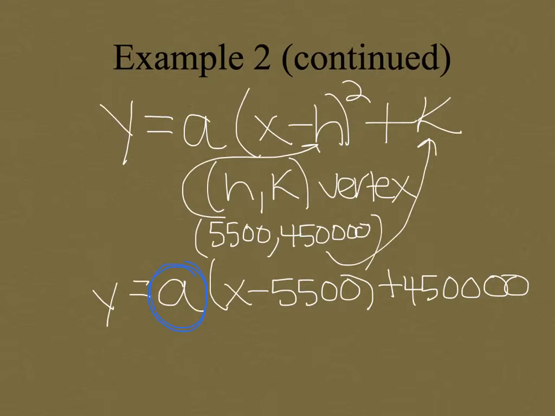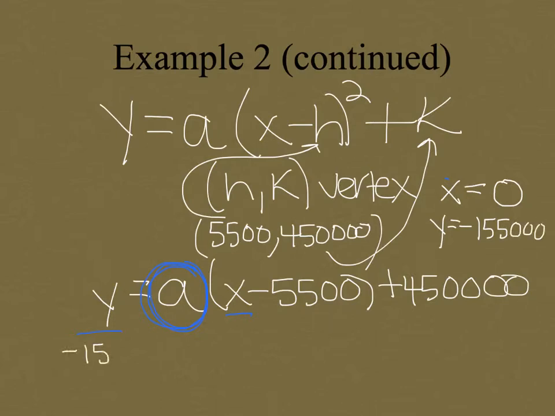So what we're going to do is plug in the other ordered pair that we had for X and Y, where X represents the number of waste trimmers we're selling. That other ordered pair was when we sell 0 waste trimmers, our profit, or our Y value, is negative $155,000.